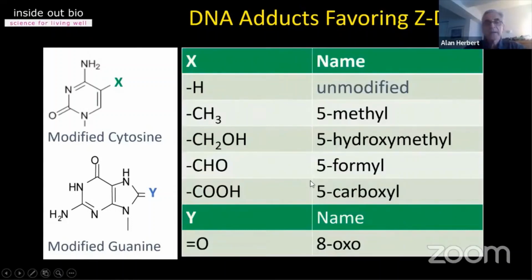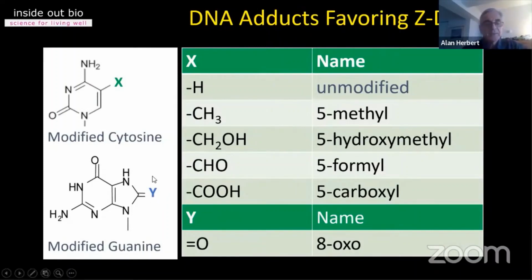And there's a whole variety of different modifications that occur which can increase the propensity to form Z-DNA by lowering the transition energy. Amongst these are the well-known 5-methylcytosine and all the oxidative derivatives of 5-methylcytosine that also affect the potential of B-DNA to flip to Z-DNA.